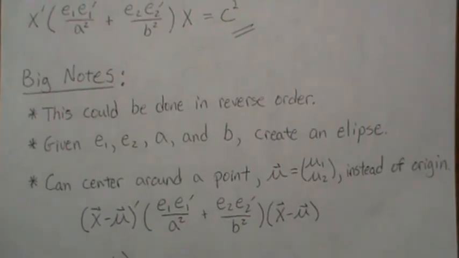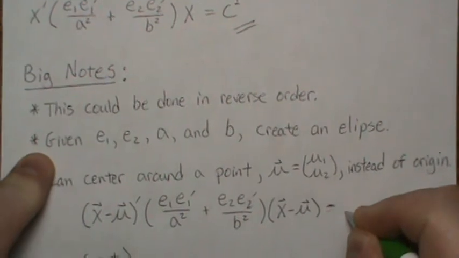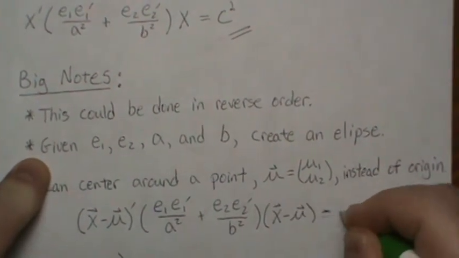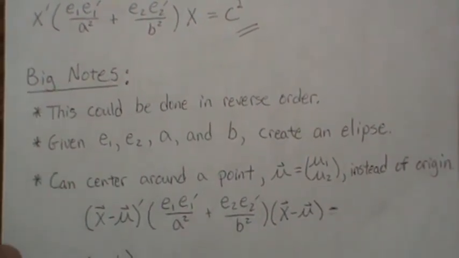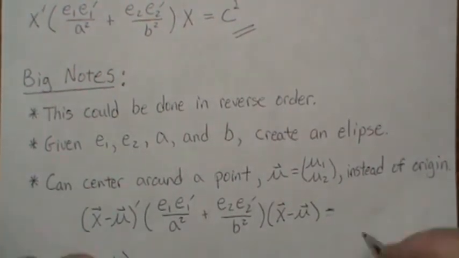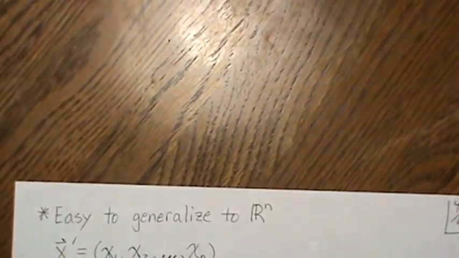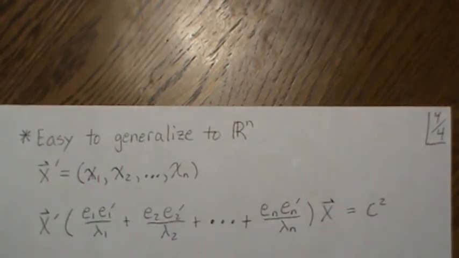It's actually a rotated ellipse in the rotated axes. Oh, my pen just died. Okay. Another big note, this is so easy to generalize.